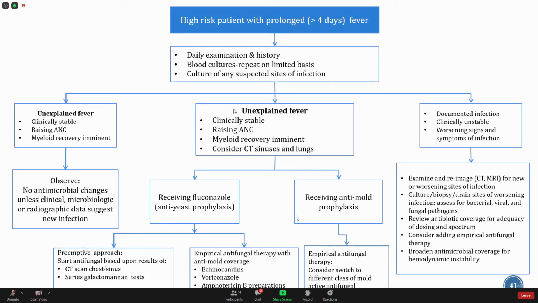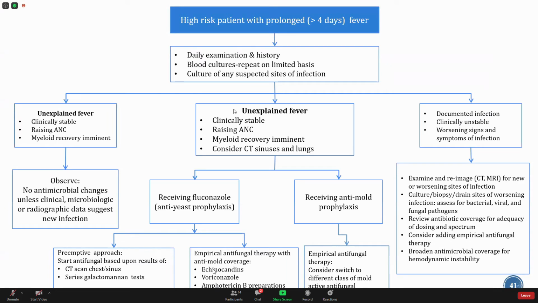So basically, this slide talks about exactly the same. Those patients who are high-risk patients and there is unexplained fever, we see whether they are receiving prophylaxis or not. If they are receiving, for example, anti-yeast prophylaxis, then we have an option to choose caspofungin, voriconazole, or amphotericin products.